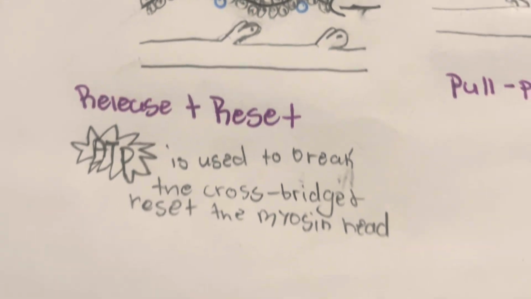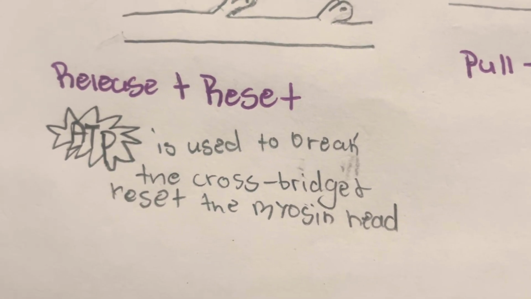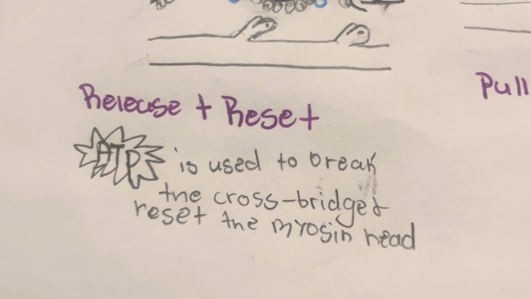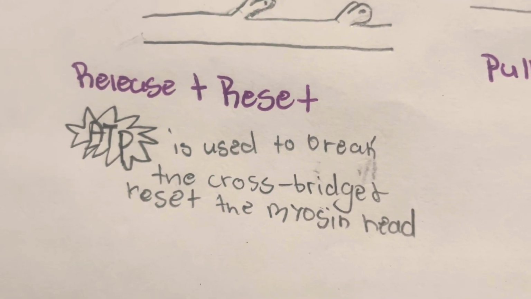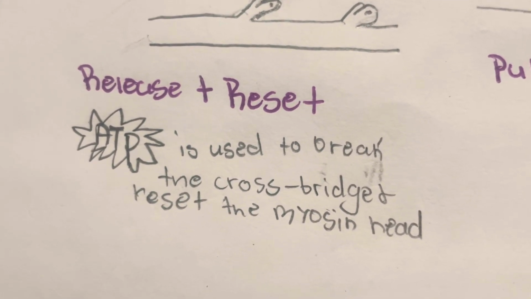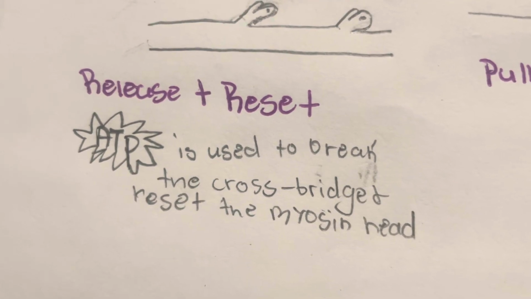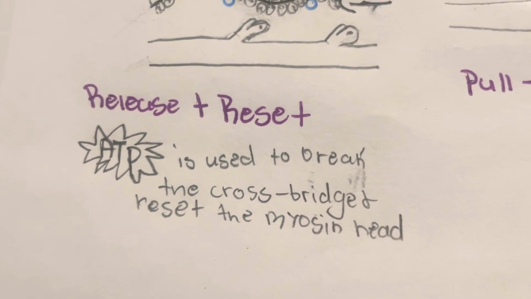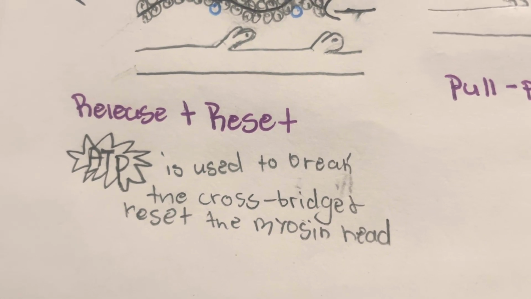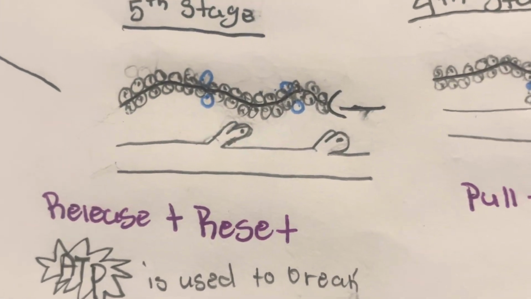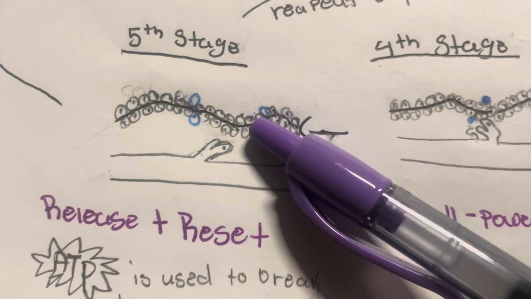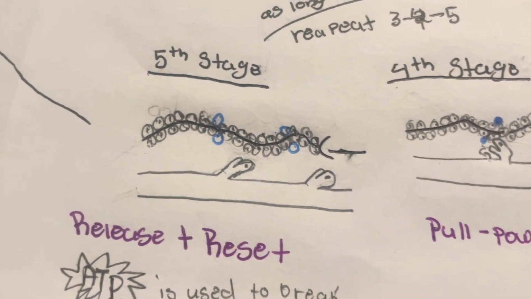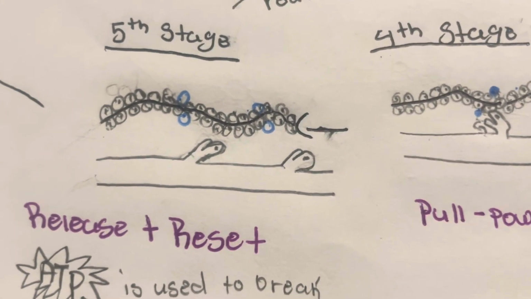Now, this is where ATP comes in, which breaks down into ADP. ATP is used in this process as well as breaking the cross bridge and using up the energy to reset the myosin head back to where it was. See, the myosin head is no longer grabbing onto an actin molecule. So we call that release and reset.